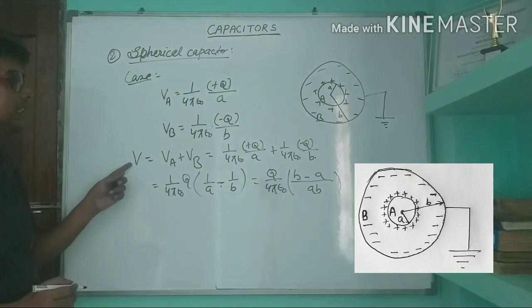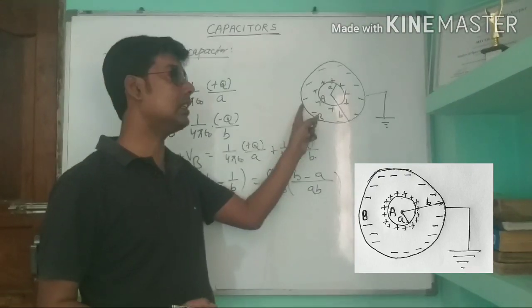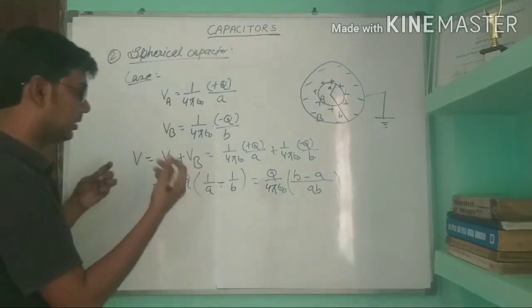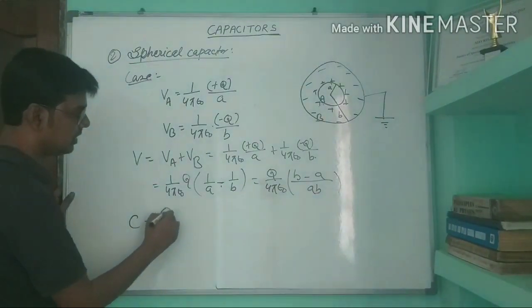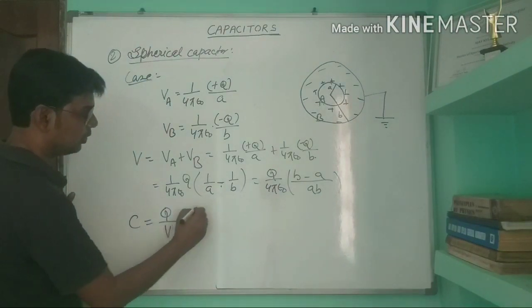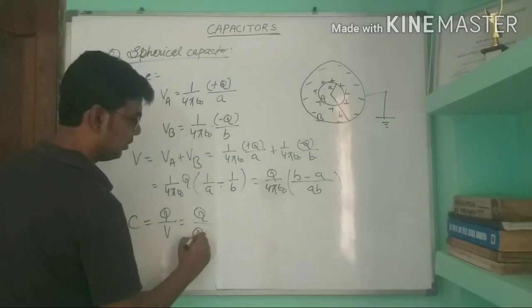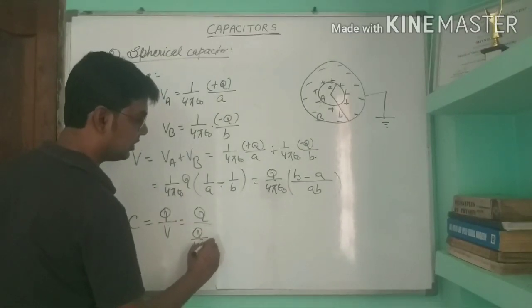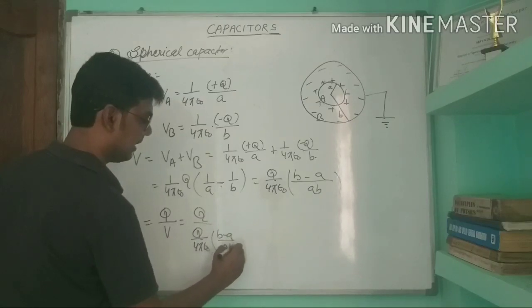Now we calculated the potential due to the inner and the outer sphere. Now the capacitance C will be how much? It is q by V. So it is q divided by q by 4 pi epsilon 0 into B minus A by AB.